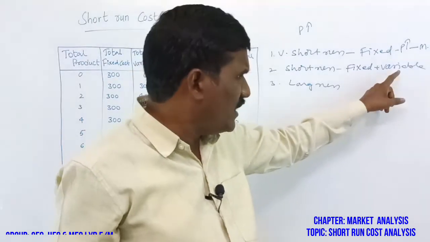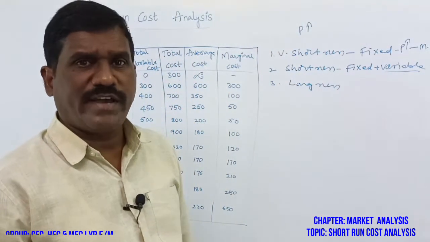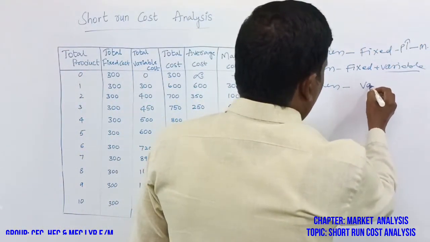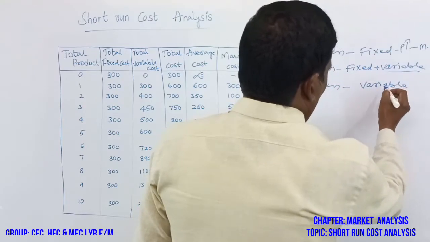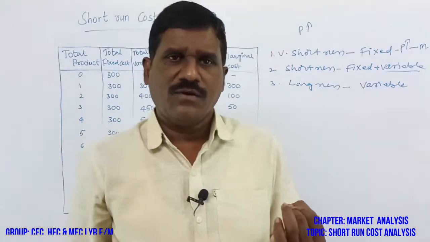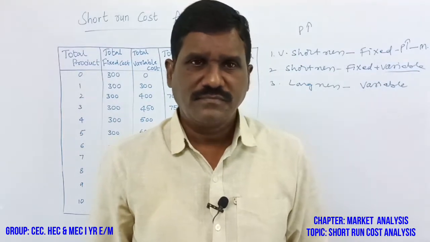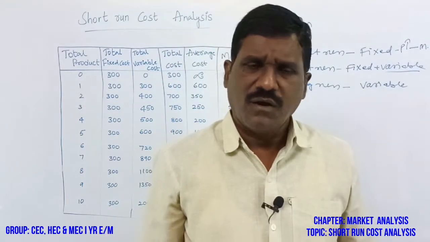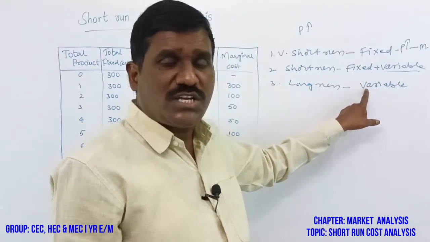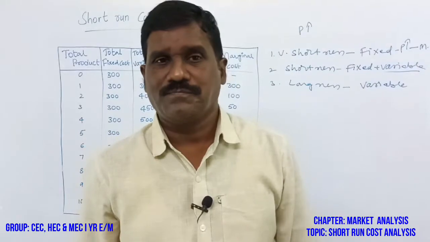If you want to increase production, only the variable factors can be changed. Then in the long run, all factors are variable. Land, labor, capital, organization, all factors can be changed, because we have a lot of time. So in the long run, all factors are variable factors.